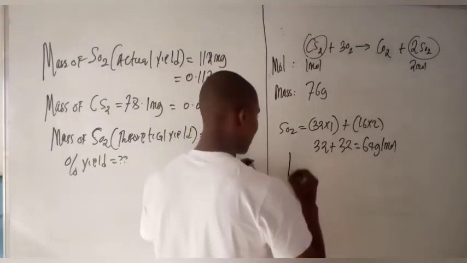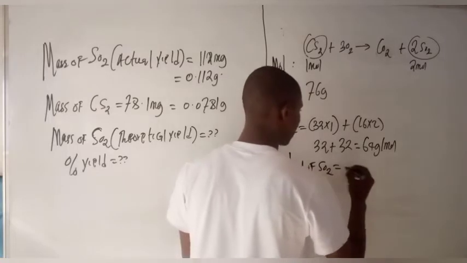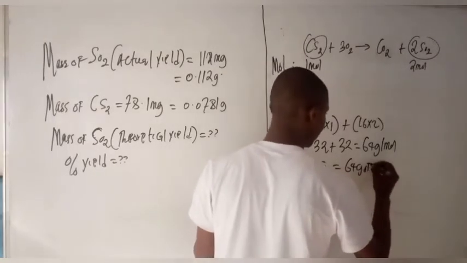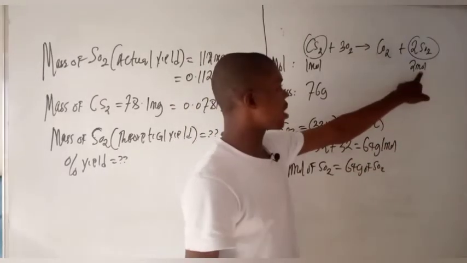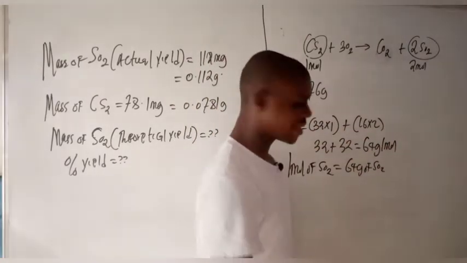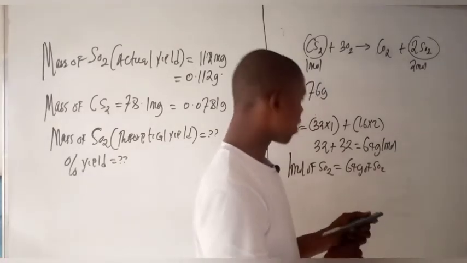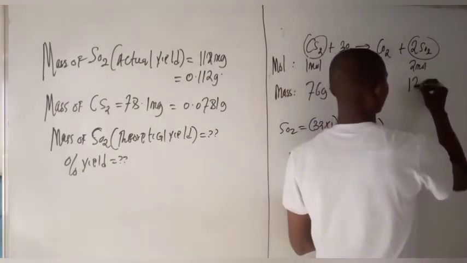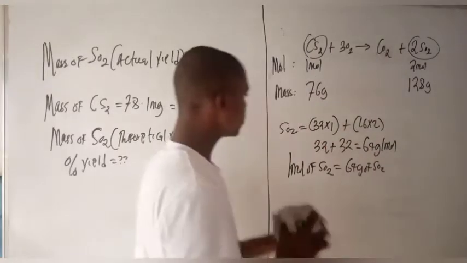So it means that for every 1 mole of SO2, I have 64 grams of SO2. So how many moles do we have here? Here we have 2 moles. So 2 times 64, here I have 128 grams.